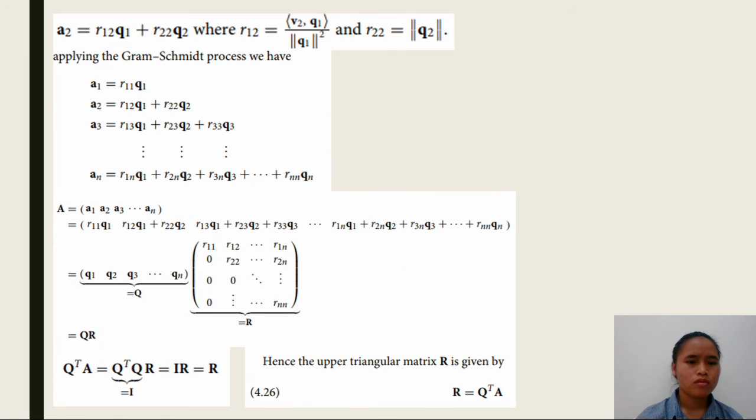This is the Gram-Schmidt process, right? So we substitute into the matrix A, and we will get the result.